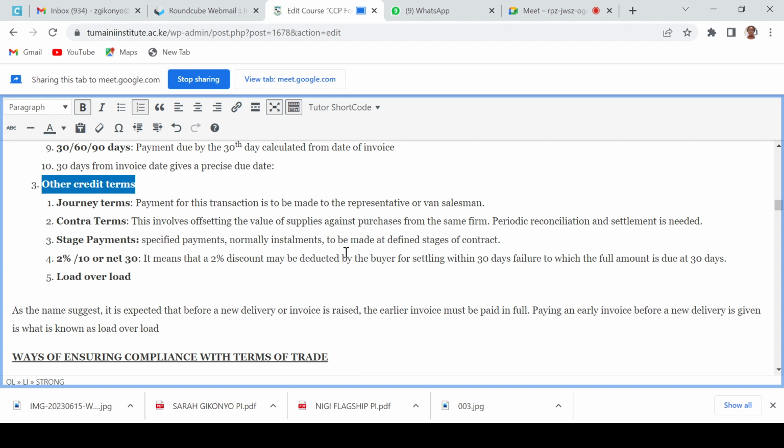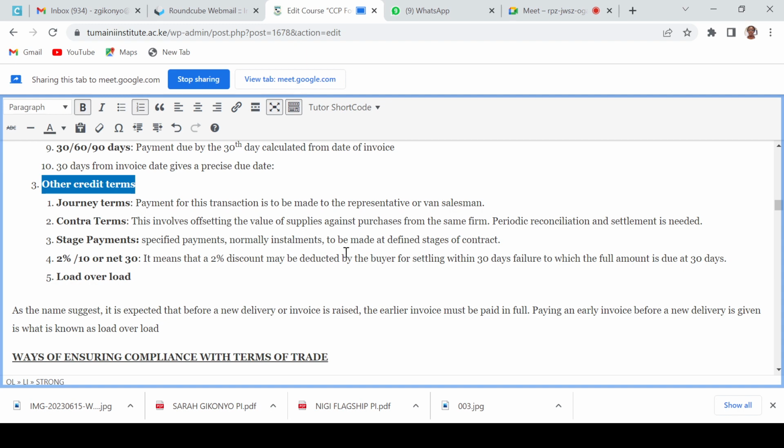Ama itakuwa 30%, unipe 30% nikianza project, akimaliza up to foundation unamlipa hiyo 30%, akienda kumalizia unamlipa hiyo ingine 30%. So it is agreed on stages, ama as you deliver.